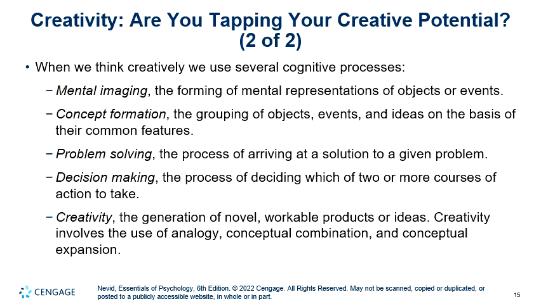The first one is mental imaging. This is where you see things in your mind's eye. You're able to formulate mental images or representations of objects, events, or even ideas, even if they're not right in front of you.